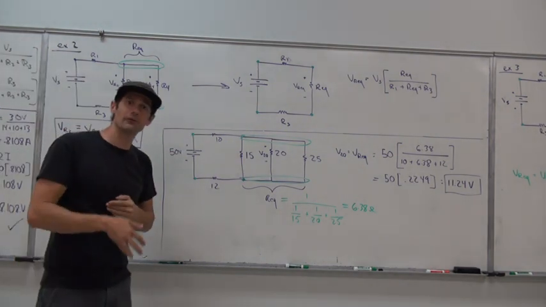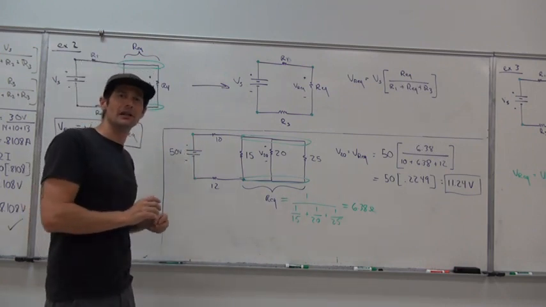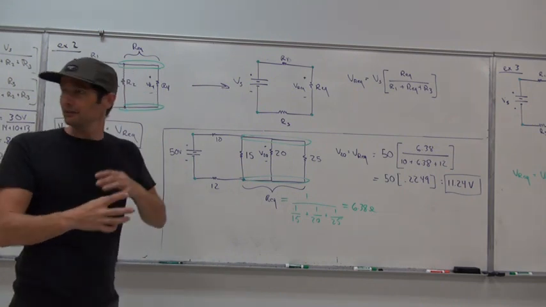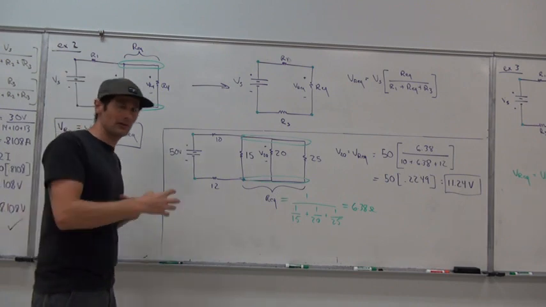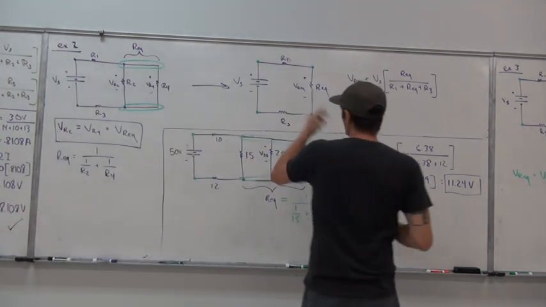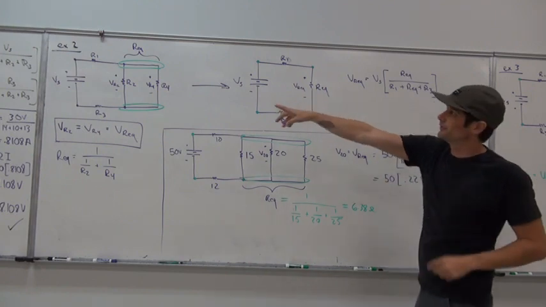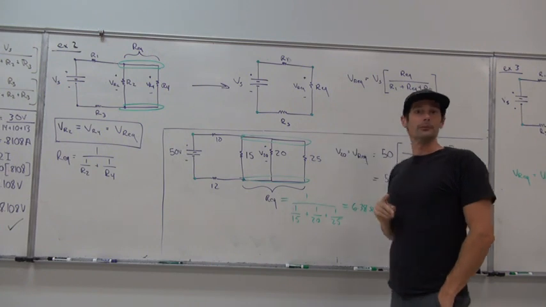I always say, redraw the circuit as you go. It gives a map of the calculations you're doing, so you can go back and look through and see how you've analyzed the circuit. And bam! Once we break down the two parallel elements, now we have a single series loop.